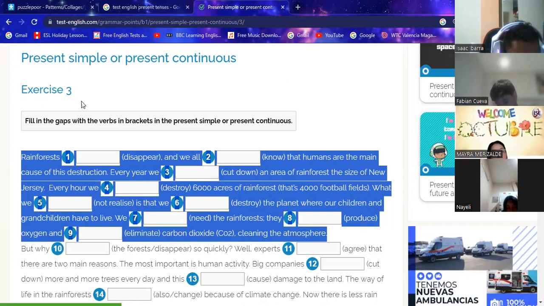Is there a word you do not remember, a word you don't know in this first paragraph, please? Because to use the verb tenses, you need to understand the text. So is there a word here that you do not understand, that you do not remember? First paragraph, please. Isaac, Nayeli, Fabian, Mayra.